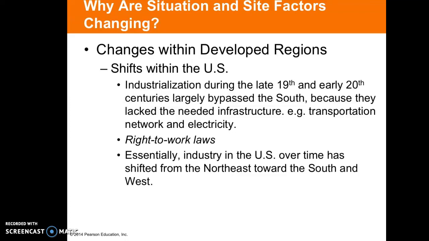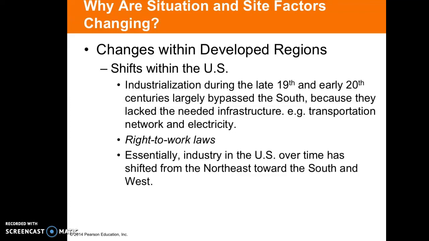So industrialization during the late 19th and early 20th century largely bypassed the American South because the South didn't have the necessary infrastructure to build all the power plants. It didn't have enough electrical power plants, enough coal-burning power plants. It didn't have enough train tracks.